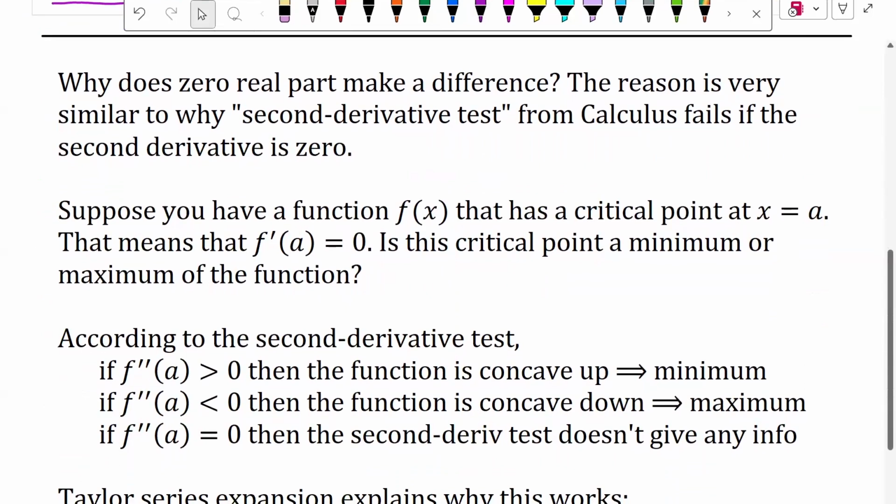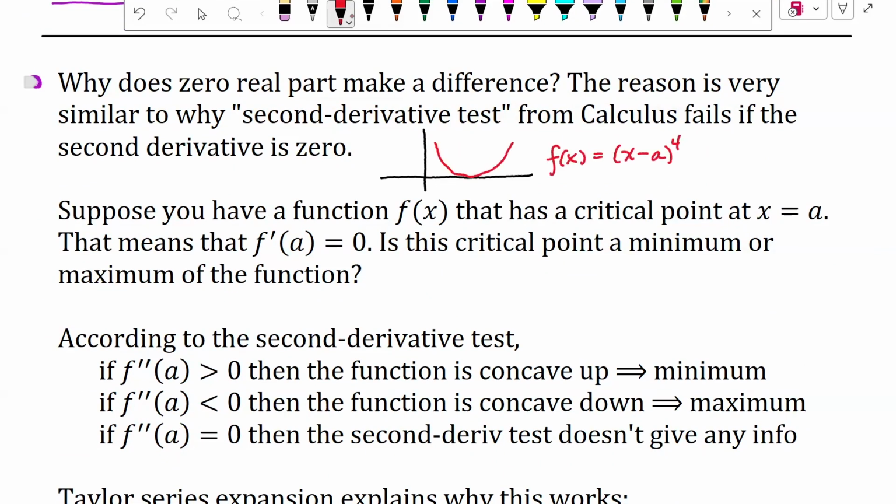Now, just so we understand this a little better, why does that zero real part make a difference? It's very related to the second derivative test from calculus and why that fails if the second derivative is zero. Think, for example, about the function f of x is (x minus a) to the 4. We know already that the first derivative at a is zero. And the question we ask is, is that critical point going to be a minimum or a maximum of the function?